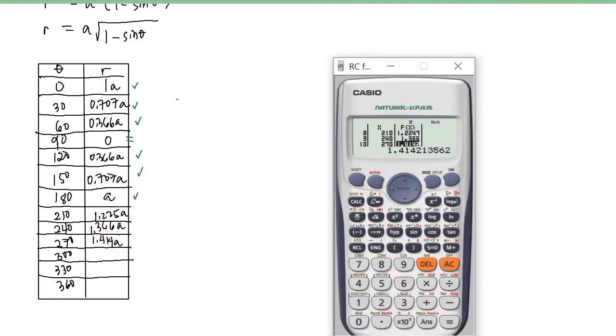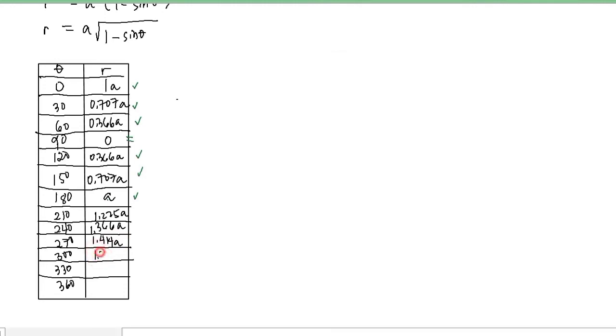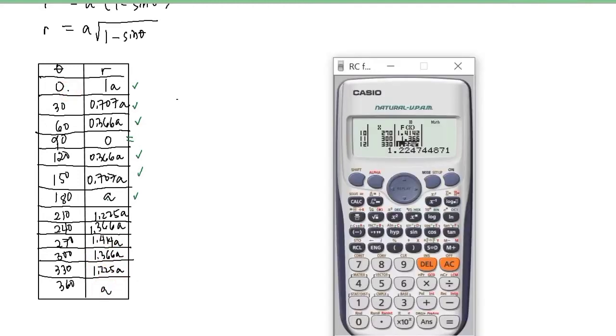And then, we have 1.366 sa 300, tapos 1.225. And then, sa 360, since 0 at saka 360 ay isa lang naman yung location, edi A rin siya dyan. Na kung gusto nyo tingnan, edi yan, 1A.